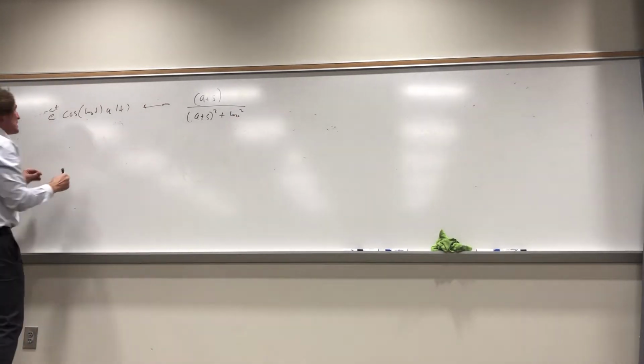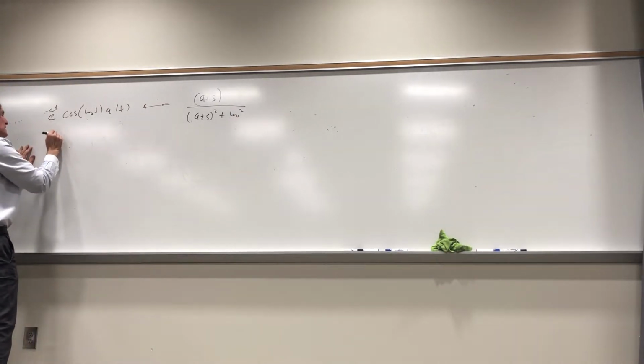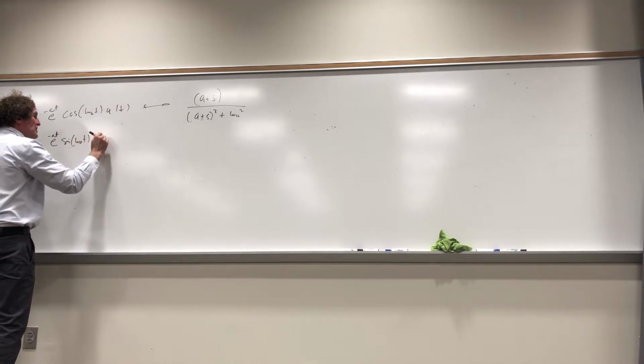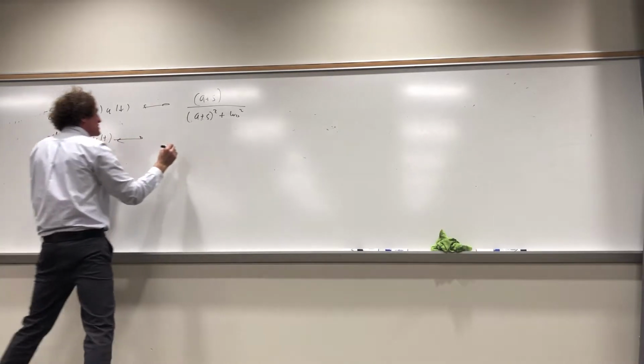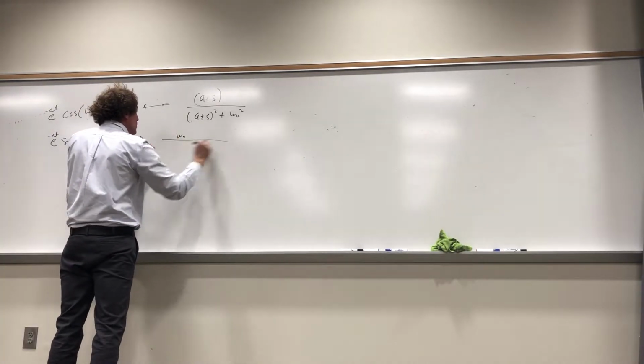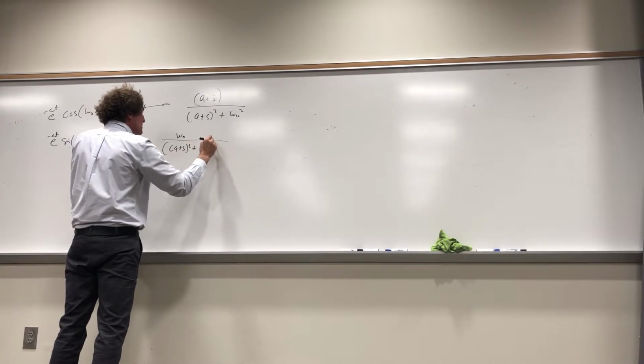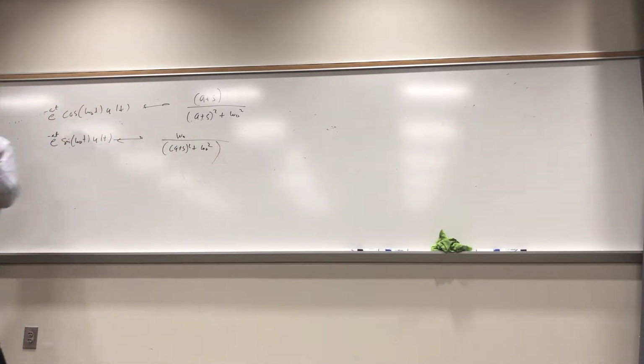And then we did e to the minus at times sine of omega naught t u of t. And this one was just equal to what? Omega naught over (s plus a) squared plus omega naught squared, right? Those forms crop up all the time.